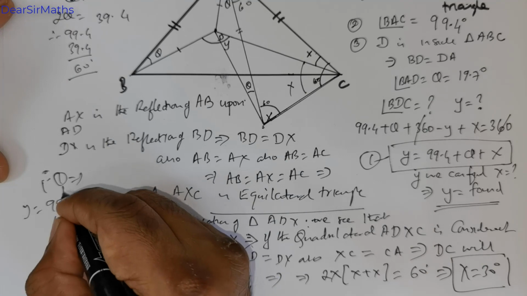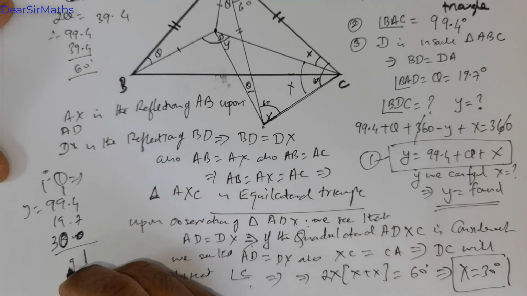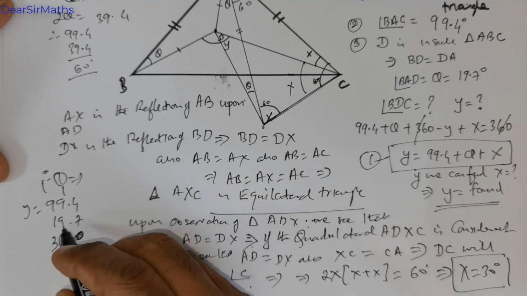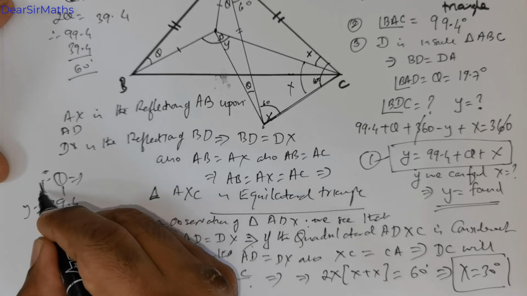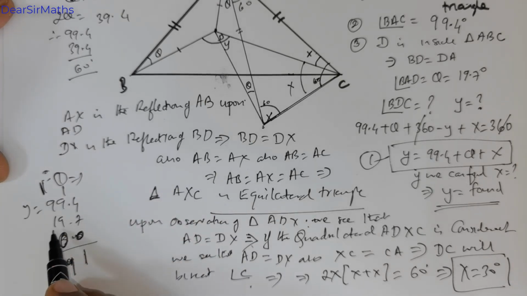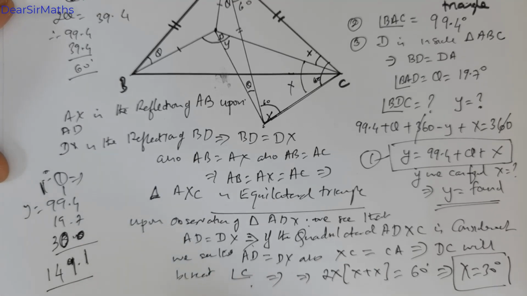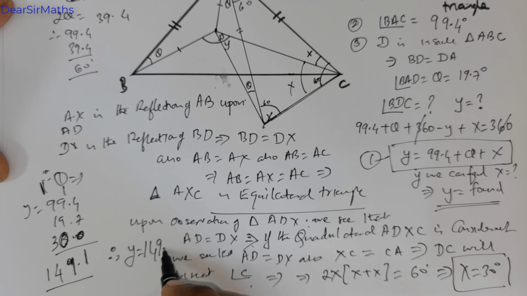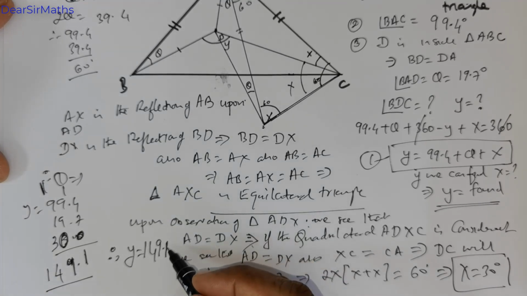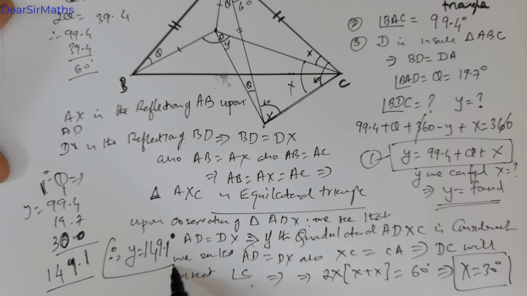So 4 plus 7 is 11, carry 1. 9 plus 9 is 18, carry 1 here. 9 and 1 is 10, plus 1 is 11, and 3, that's 14. So therefore the value of Y is 149.1 degrees, right? That is the value of Y.